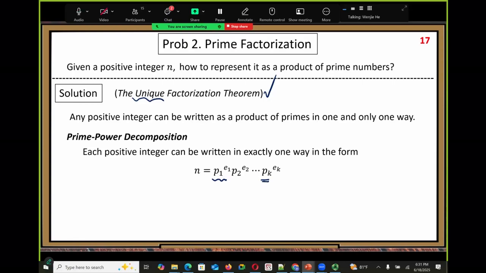We know these p numbers, p1, p2, are in ascending order, if we need to write it in ascending order.